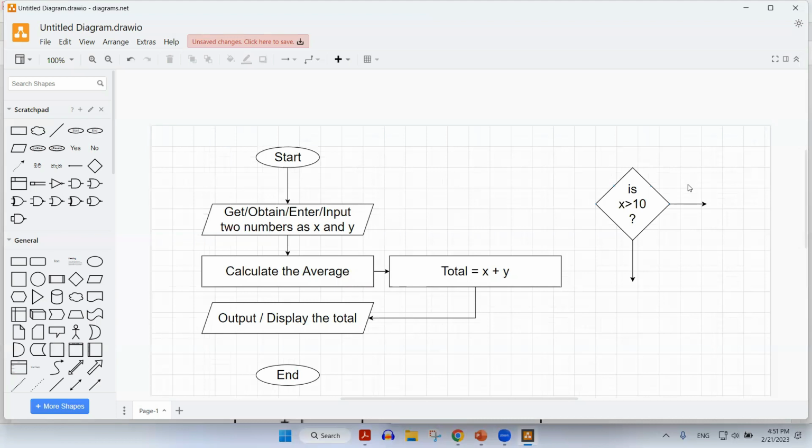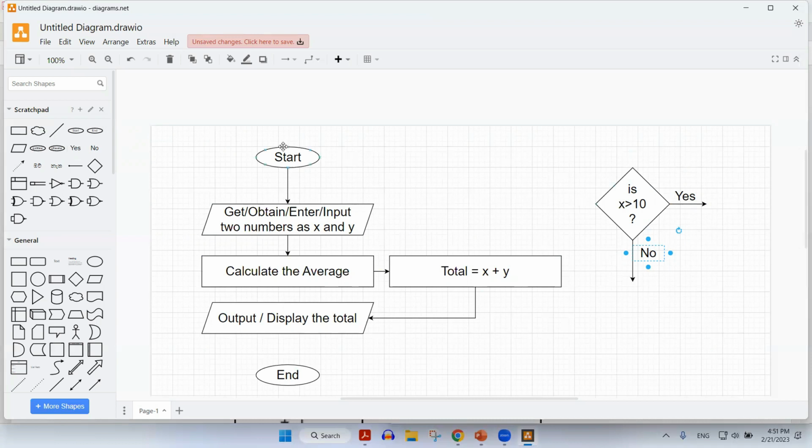And on these two outflows, there are indications regarding the condition that we are using, saying yes and no. That means if this question can be answered as yes, this is the way that you are going to direct. If this question can be answered as no, this is the way that you are going to direct.